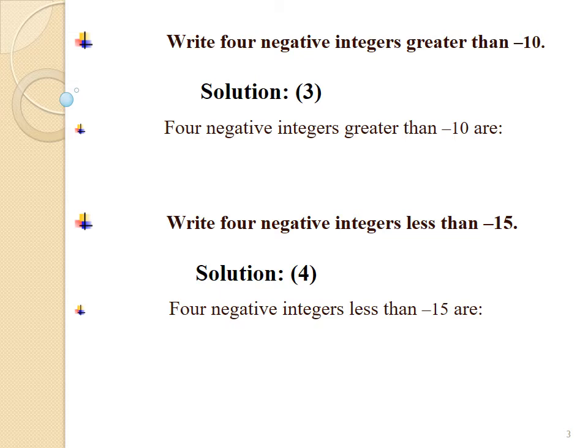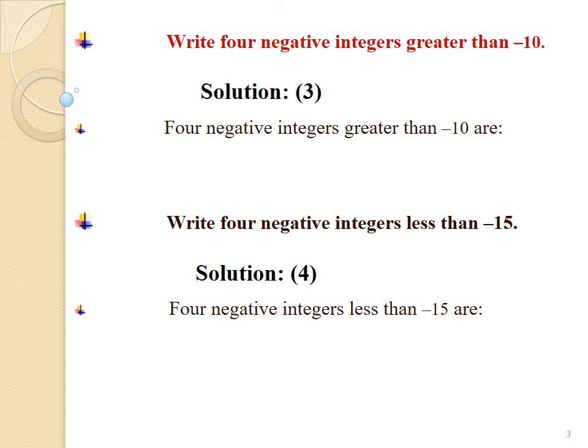Now, question number 3. Write 4 negative integers greater than minus 10. Students, we know that a negative integer having smaller numerical value is always greater than the integer having greater numerical value.